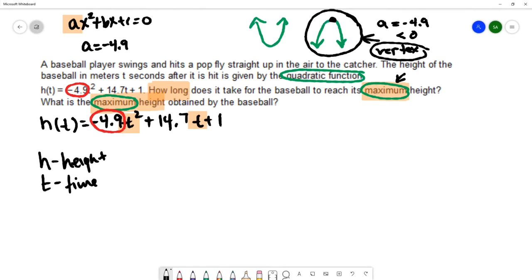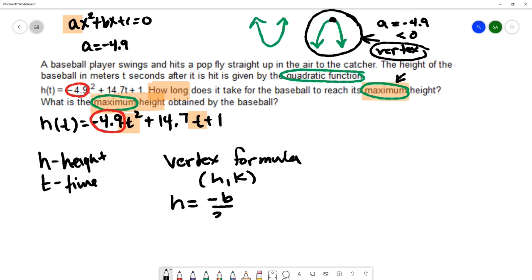So we do have a formula for finding the vertex called the vertex formula. And our vertex is usually written as an ordered pair, (h, k). And the formula for the x-coordinate of the vertex is negative b over 2a. So you can see it's using the a and the b.